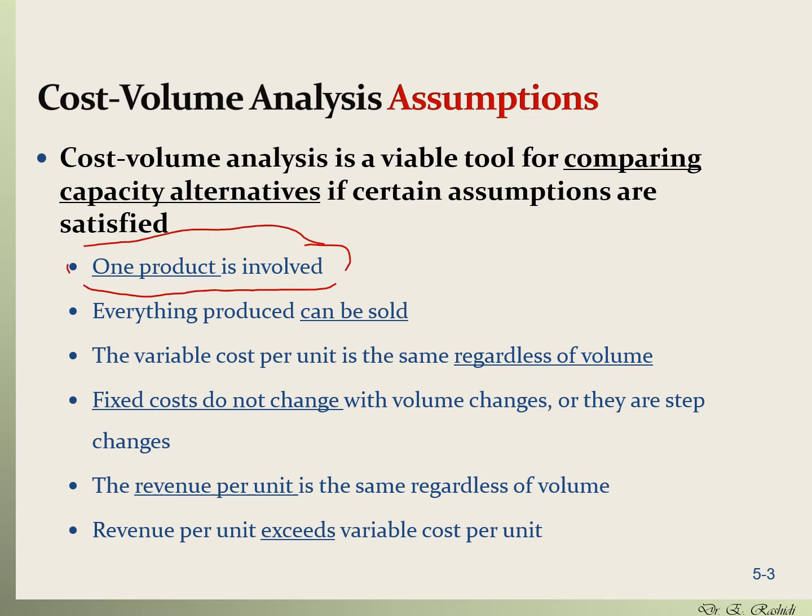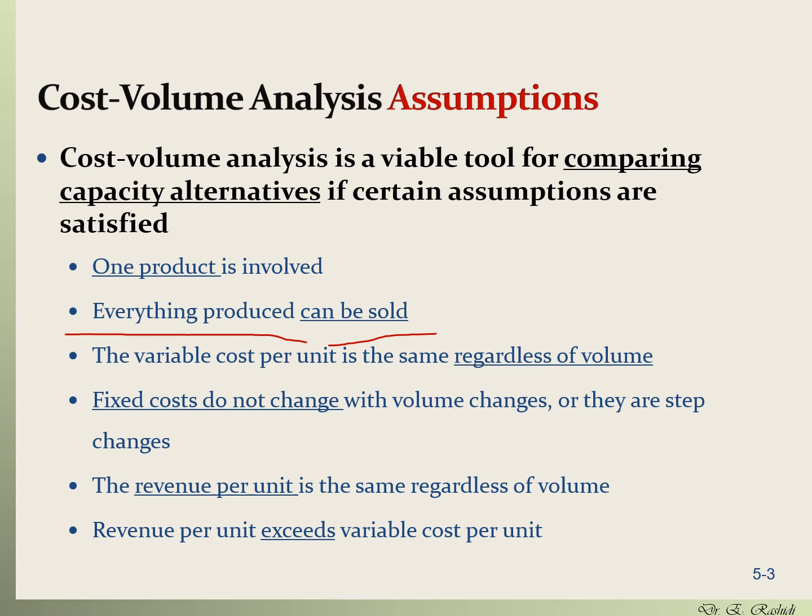The first assumption is that one product is involved in the cost volume analysis. The second assumption that we mentioned before is that Q production is equal to Q revenue. That means that we assume that whatever we produce, we will be able to sell.